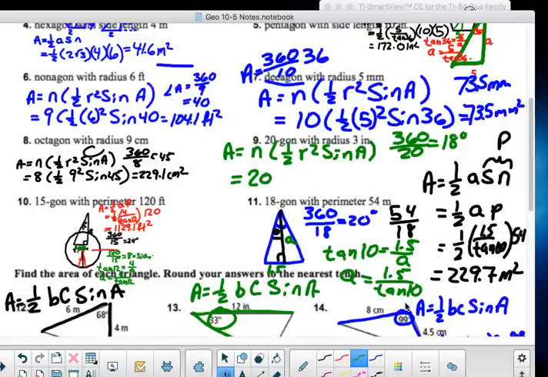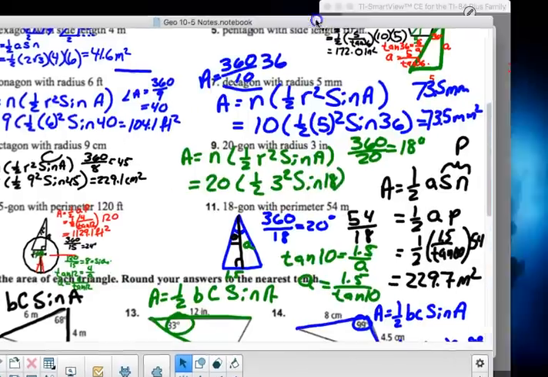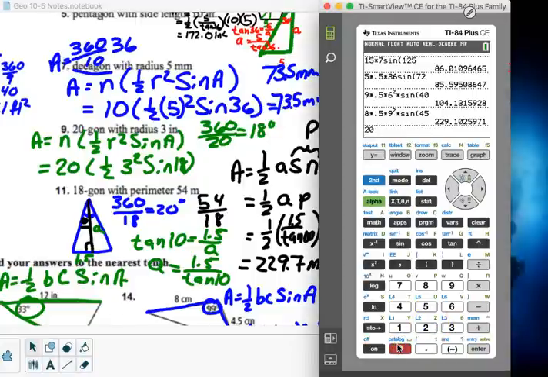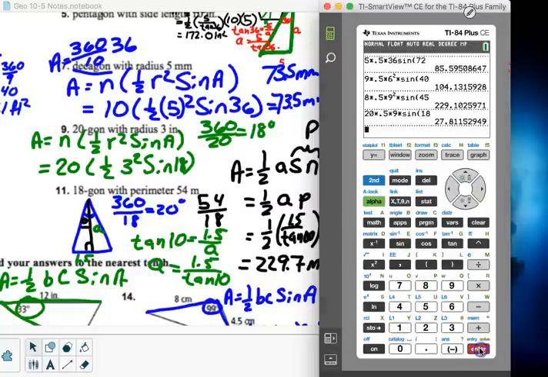It's a 20-sided figure. It's 1/2. 3 is the radius, so it's 3 squared. Sine of 18. And again, I'm going to grab my calculator and calculate my answer. 20 times 0.5 times 9 times sine of 18. And that is 27.8.